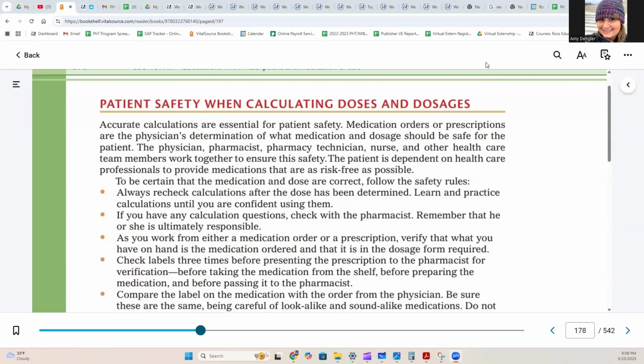Accurate calculations are essential for patient safety. Medication orders or prescriptions are the physician's determination of what medication and dosage should be safe for the patient. The physician, pharmacist, pharmacy technician, nurse, and other healthcare team members work together to ensure the safety. The patient is dependent on healthcare professionals to provide medications that are as risk-free as possible.